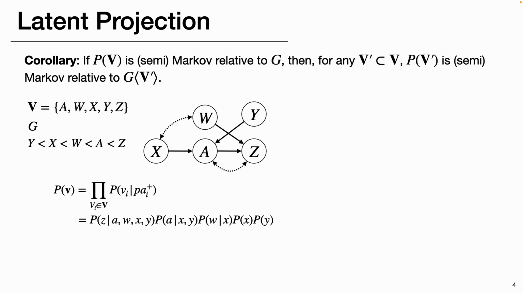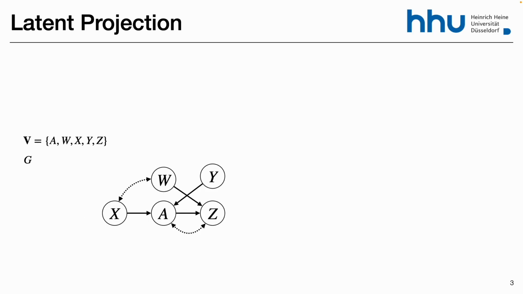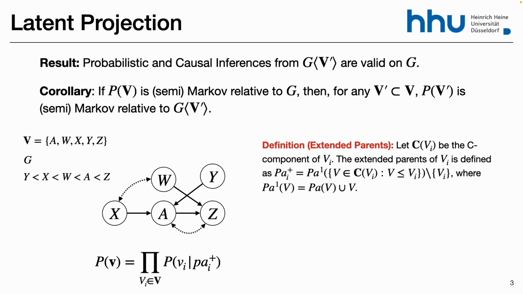I think it's already simplified. So once you have the extended parents, you are going to have these variables here.